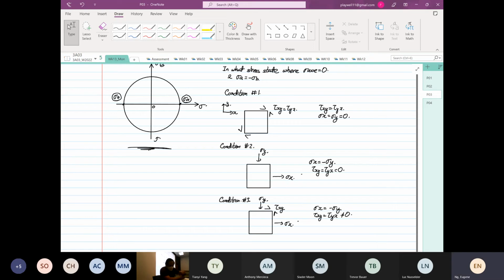Very seldom when we do our compound stress analysis do we have condition number 3, yes or no? Where we have normal stress in the X, normal stress in the Y, and shear. So this condition is very common, the one that is under pure torsion.